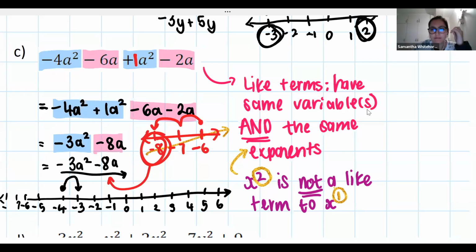Because 4a plus 1a, isn't it the same as 6a minus 2a? But they're different numbers. How can they be the same? So negative 4a plus 1a gives me negative 3a because I've gone up my number line. If I'm at negative 6 and I'm taking away another 2, I need to go down my number line. So they have to give me different answers.